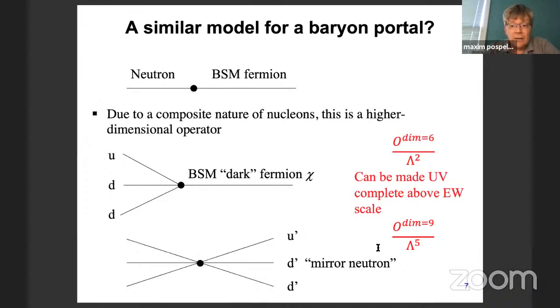And this is obviously a high dimensional operator. And then the point is that they can all be made UV complete above the electroweak scale, okay? And so therefore, I could hope for LHC-related signatures, but I can safely stay at low energy and try to fish out the consequences of the neutron portal at low energy.